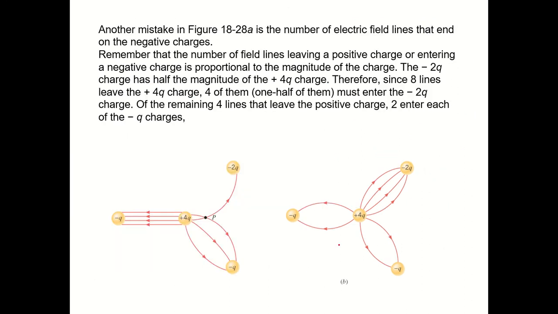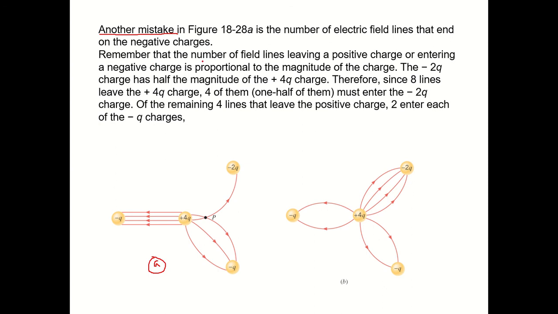So to continue, this is another mistake of this illustration in this figure. In figure A, this is the number of electric field lines that end on the negative charge or negative charges.